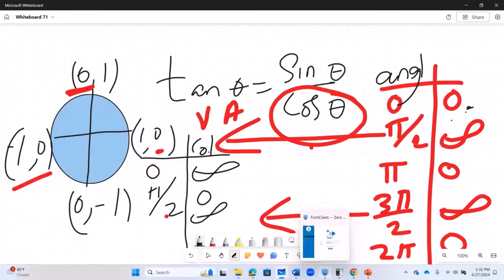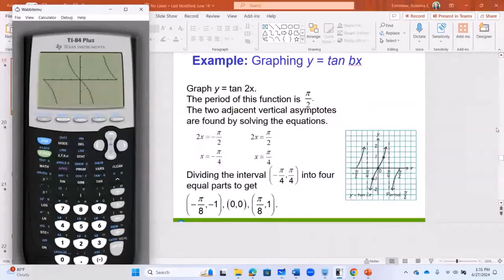Since it is the reciprocal of tangent, so that is the major things. These differences are the things we need to know. Okay, and then we will talk about periods later on. We will talk about periods and other things.